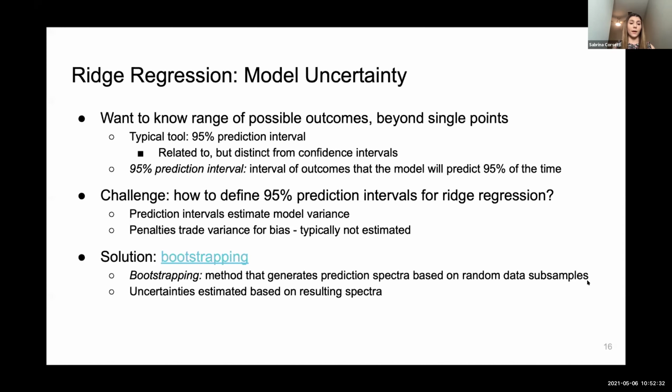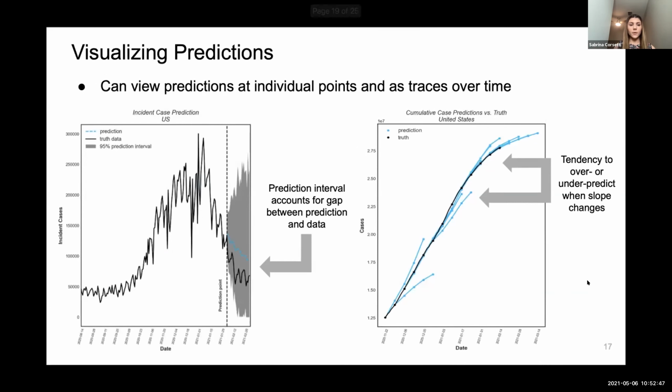The solution that we follow is bootstrapping, which is a method that generates a whole spectrum of predictions based on random subsamples of the data. And then from this spectrum, we're able to gather uncertainties and understand where the pandemic could travel. One great way to visualize this is looking at predictions, both in terms of individual points and as traces in time.